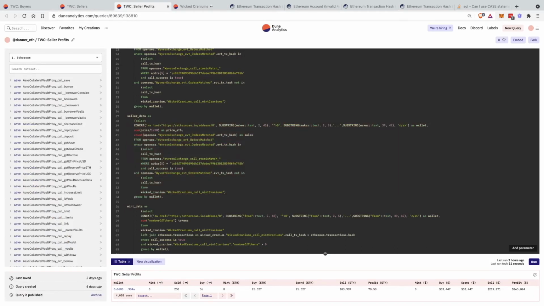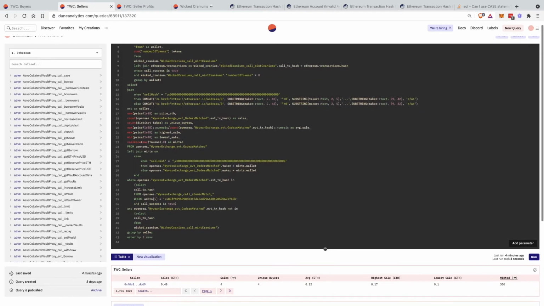We're pulling from the OpenSea orders matched model, and we're checking to make sure that transaction is in this atomic match model using this Wicked Craniums address. Do we have something like that over here? We do.